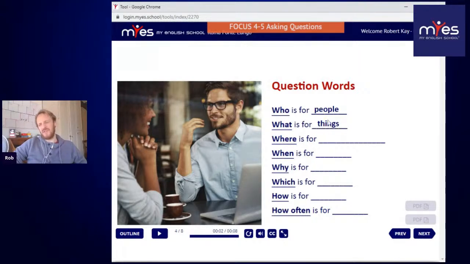Because you say, what is the time? This is information. Or you say, what is this? It's a bottle. So it can be for things, but also information. Fiorella, lovely. Where for places or situations. So where is the party?